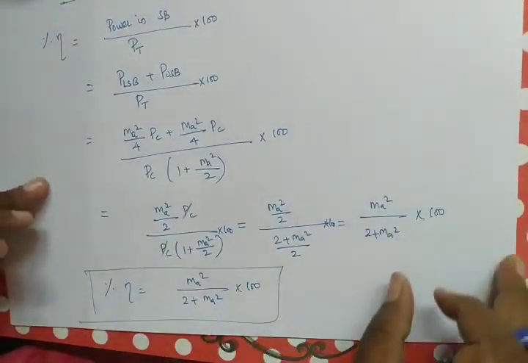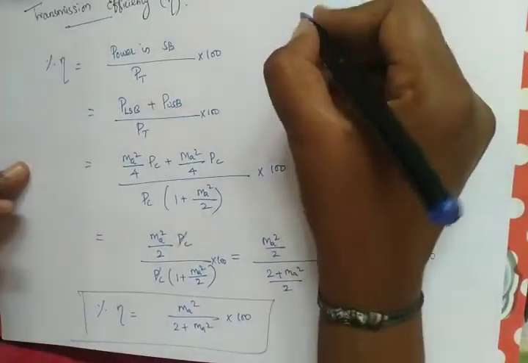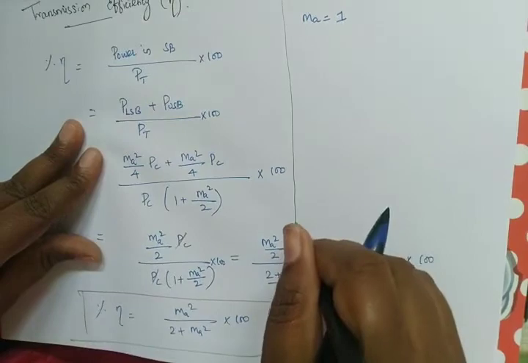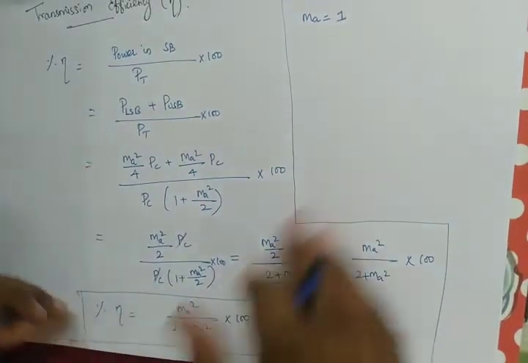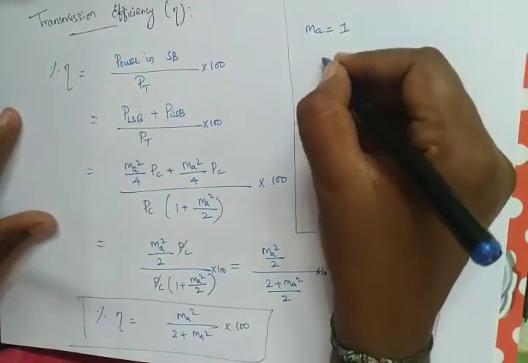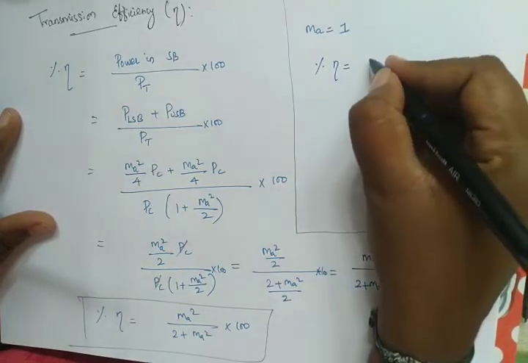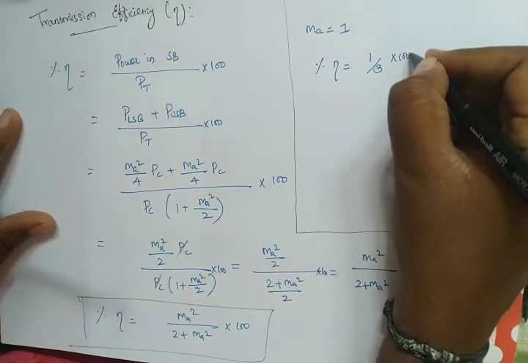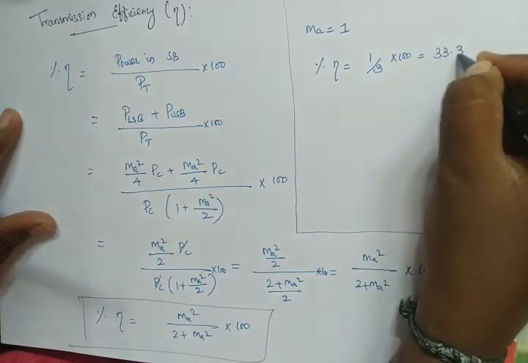Now if we have critical modulation, that is let us assume MA is equal to 1, so what happens if MA is equal to 1? Then the percentage efficiency will be equal to 1 by 3 into 100. Therefore we will have only 33.3%.